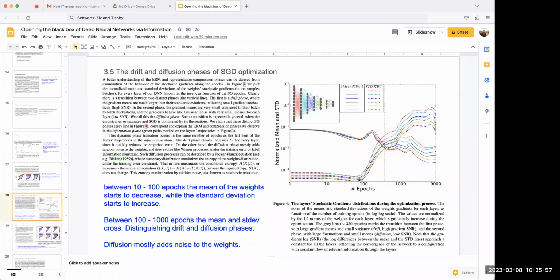So whether it happens closer to 100 or closer to 1,000, this is the period of the phase shift, basically between 100 and 1,000, where once the magnitude of the standard deviations exceeds the magnitude of the means, then the model is more working towards compressing the input data rather than fitting the training data.